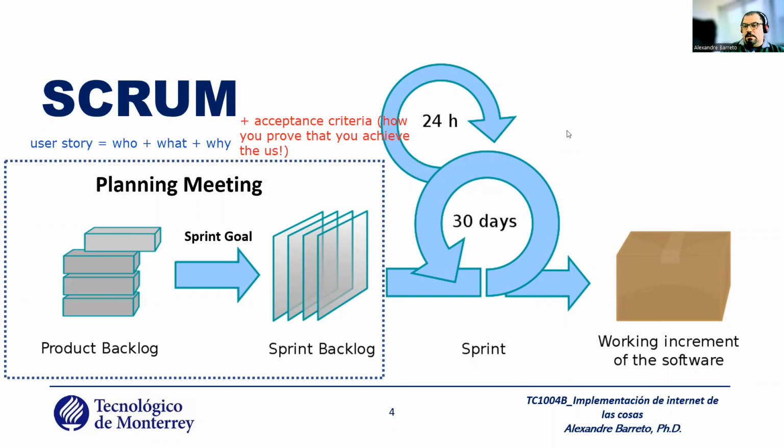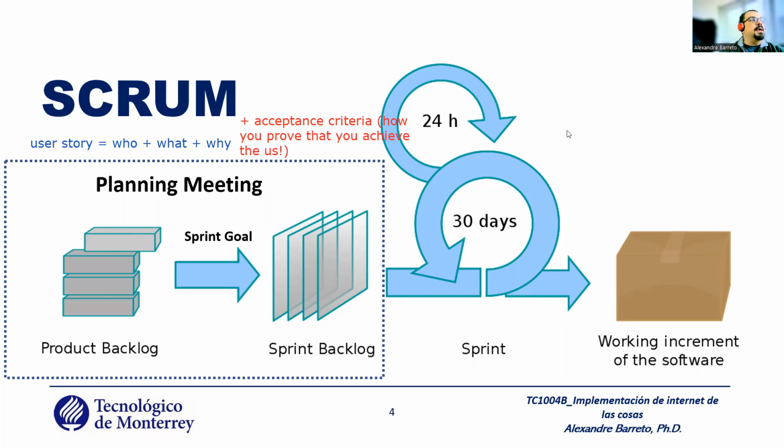Okay, in the beginning, sometimes you don't have exactly how you check that the user story is accomplished, but you need to improve it later. But this list of user stories represents requirements. You don't have a lot of details like the main flow, alternative flow. It's not the time to do it.